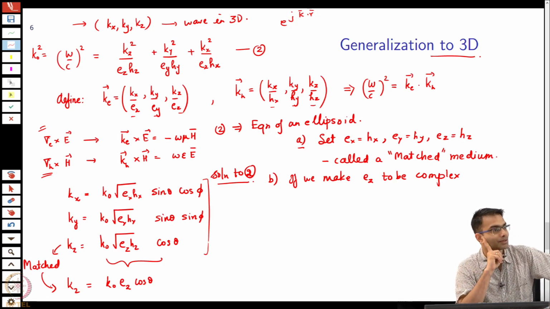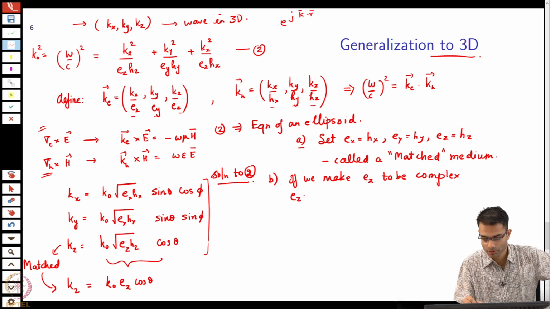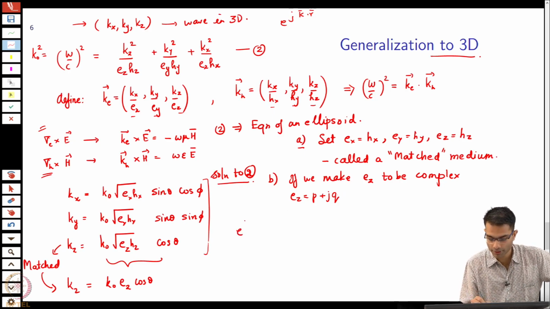The wave becomes, right. So it will become what? So supposing, let's say Ez became p plus j q, right. Then a wave which was of the form e to the j kz z will become e to the j.